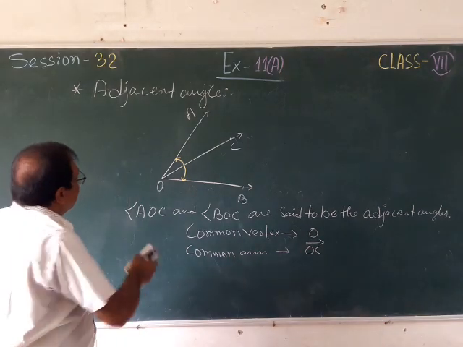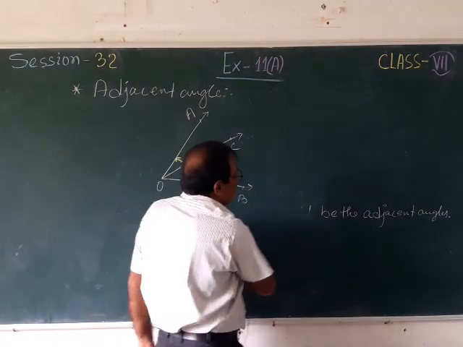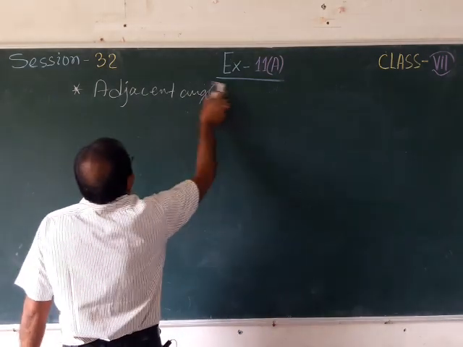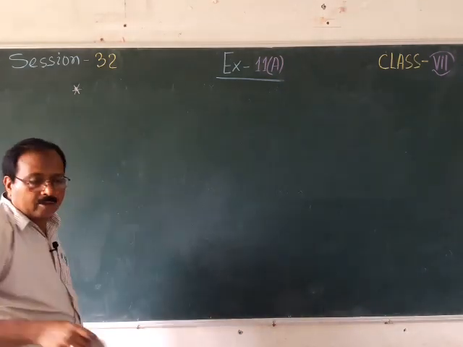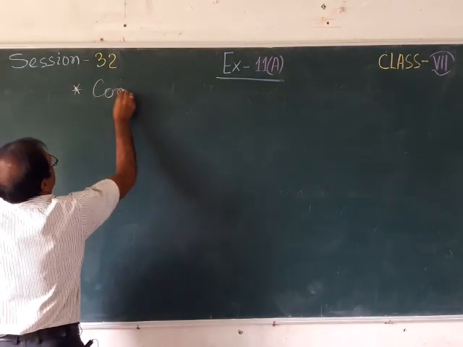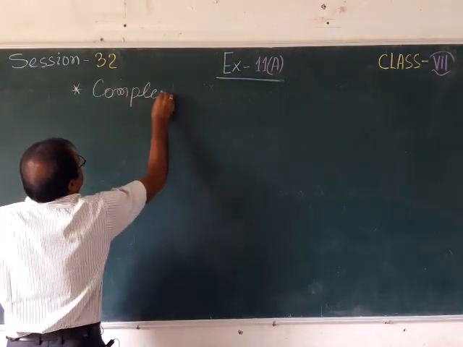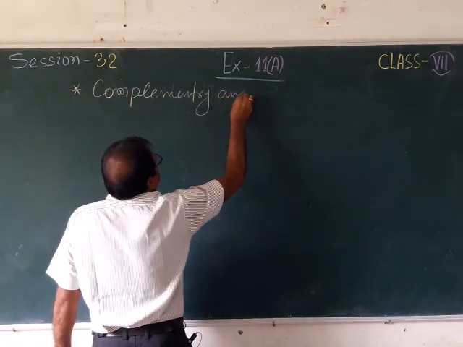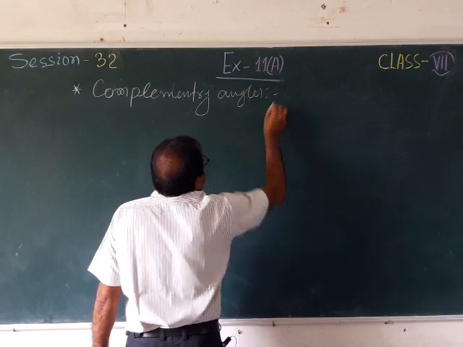Then complementary angle. Now I am talking about complementary angle. Complementary angles means two angles whose sum is 90 degree. What are the complementary angles?